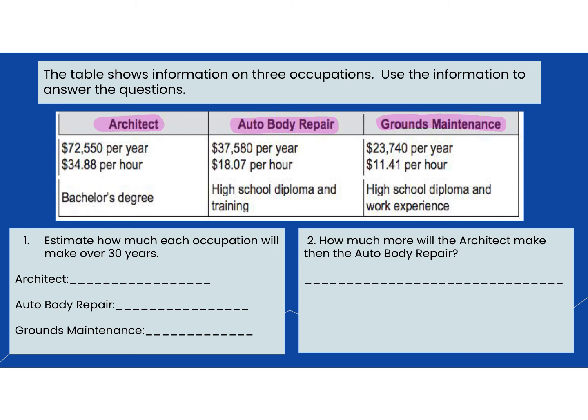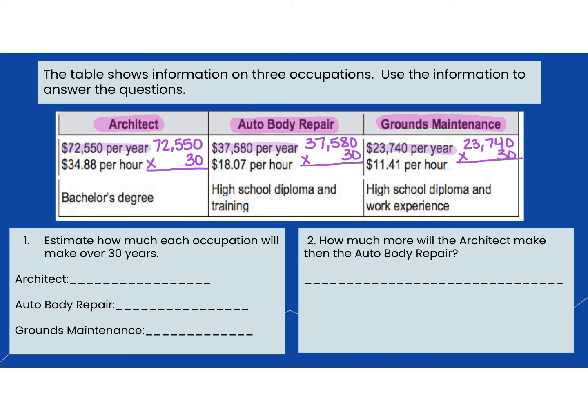Question 1 says to estimate how much each occupation will make over 30 years. So we'll need to calculate the lifetime income of all 3 occupations. We will need to multiply each salary earned per year by 30 to find the lifetime income.